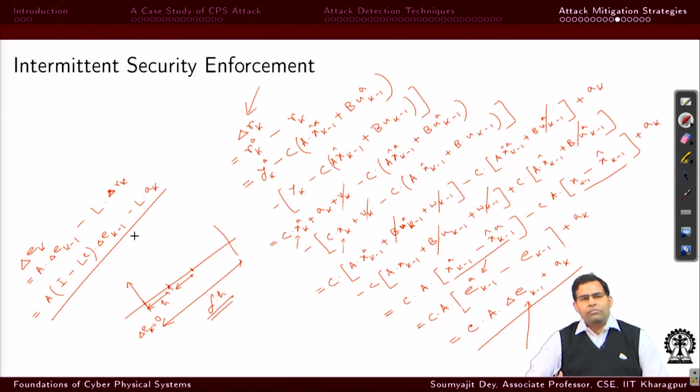So, if we now push back this constraint into the dynamical equation, we can actually compute how much is the extra state estimation error that is getting into the system, and I can compute this as a function of the number of iterations of the system, because this is the amount of error that is getting injected extra in one iteration. So, I will add this up, then again evolve the system to the next step, then again I will add this much up, right, with changes in k to k plus 1 to k plus 2 like that, and I can compute in each iteration how much is getting added up, right.